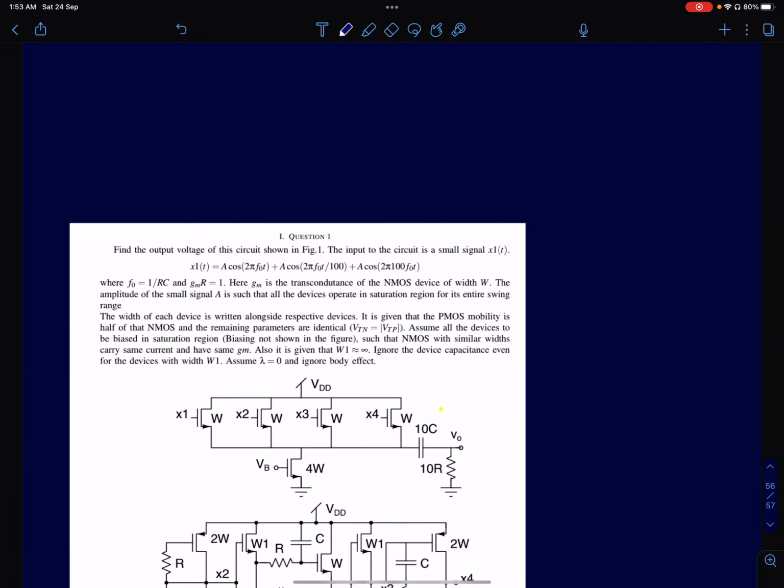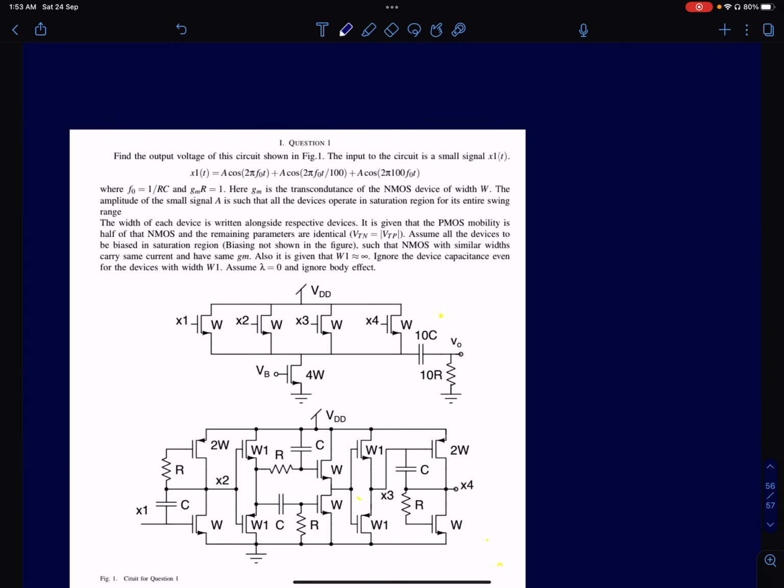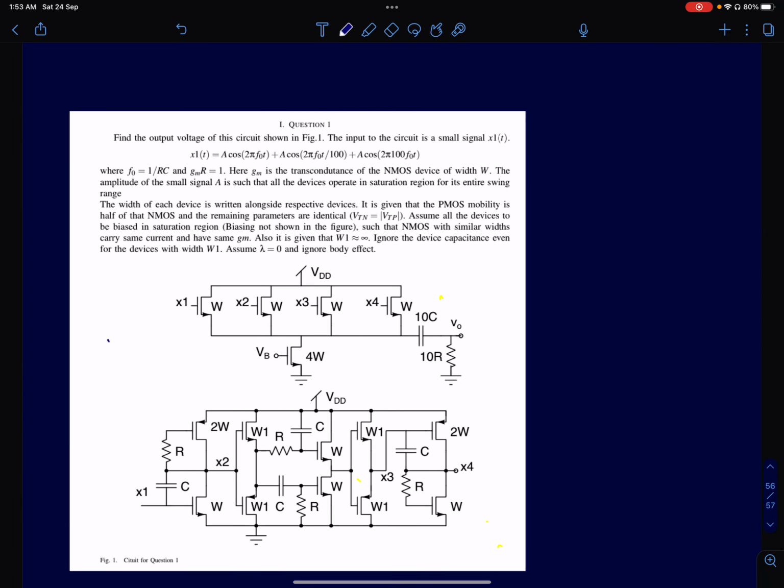Similarly, I'll analyze it for the second frequency, which will be 100 times F0. F0 is 1 by RC, so the frequency here is 100 by RC. There may be some 2 pi factors, but I'm just trying to get at the idea here. So 100 by RC is the other frequency of interest.